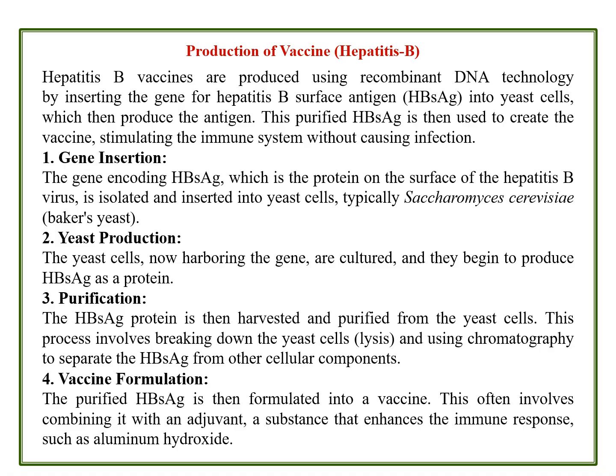Next topic is production of vaccine in this chapter. Hepatitis B vaccine, which can control the hepatitis B virus, jaundice, is produced using recombinant DNA technology by inserting the gene for hepatitis B surface antigen, not the entire hepatitis B virus, into yeast cells.